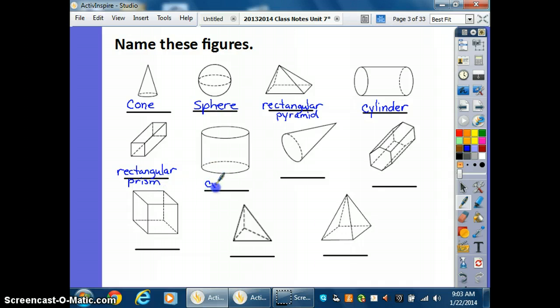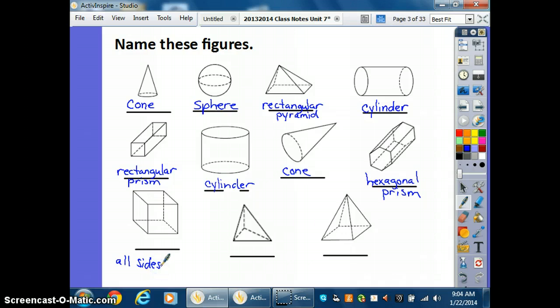This is a cylinder. A cone. Now this one, a hexagonal prism. Let's say all the sides are squares on this one.